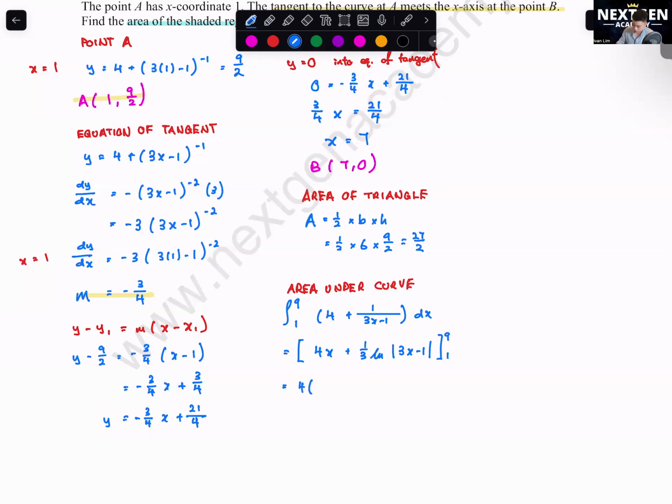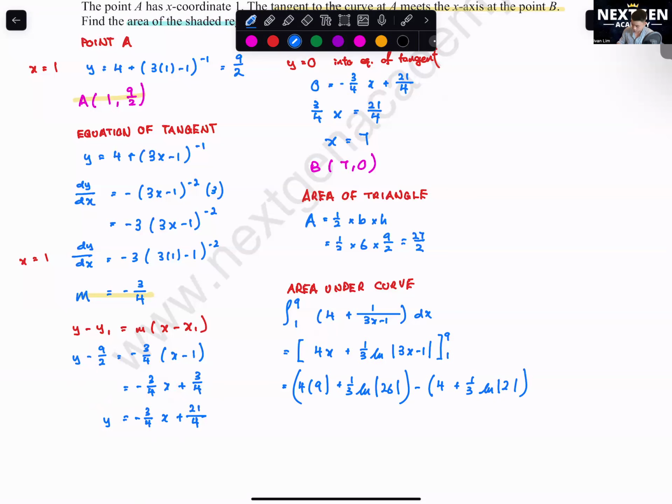Okay, substitute in the values. So 4 times 9 plus 1/3 ln, this one I just substitute in the value, 9. So 3 times 9, 27. Then minus 1, 26. Minus 4 times 1 plus 1/3 ln(3 times 1 is 3, 3 minus 1) ln 2.